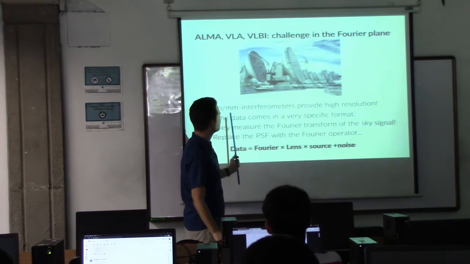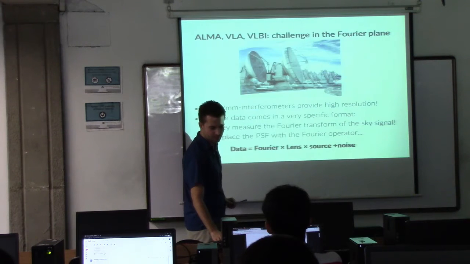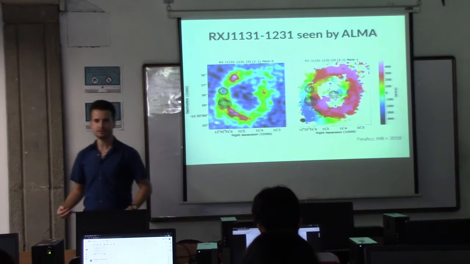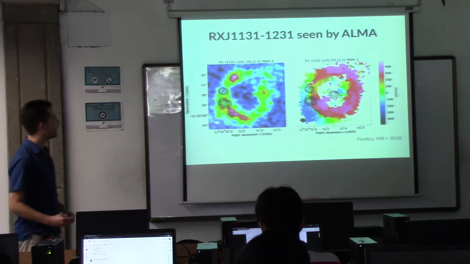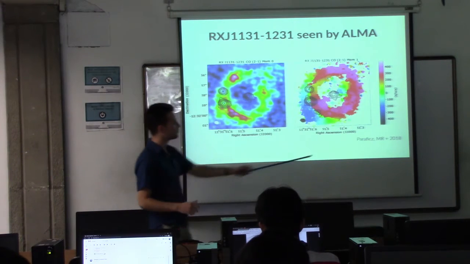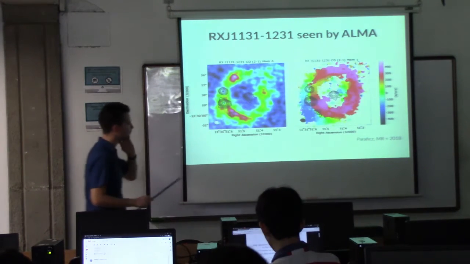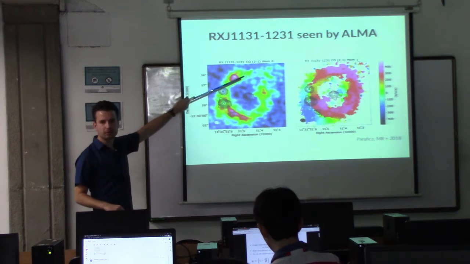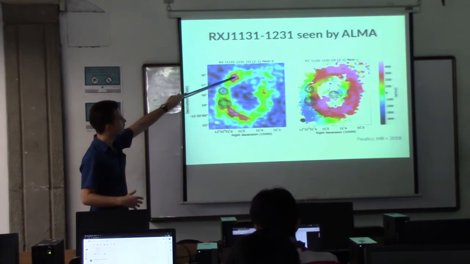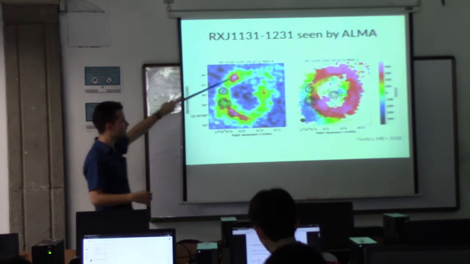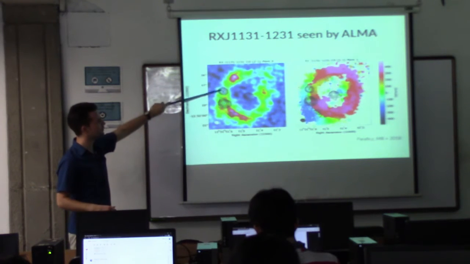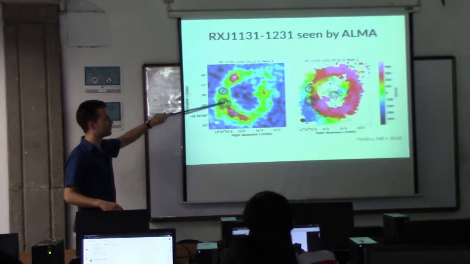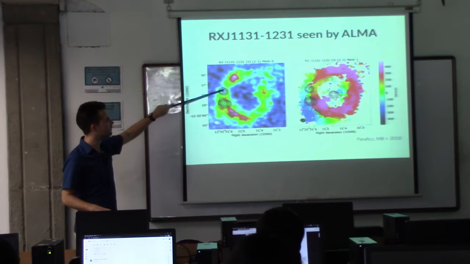But actually for RxJ1131, we did ALMA observations of it, looking at a CO 2-1 line. This is a paper by Danuta Paraficz and me that came out last year. And in CO 2-1, which is tracing molecular gas, you see this very nice Einstein ring. Here are the 3 quasar images, but now seen in radio wavelengths.